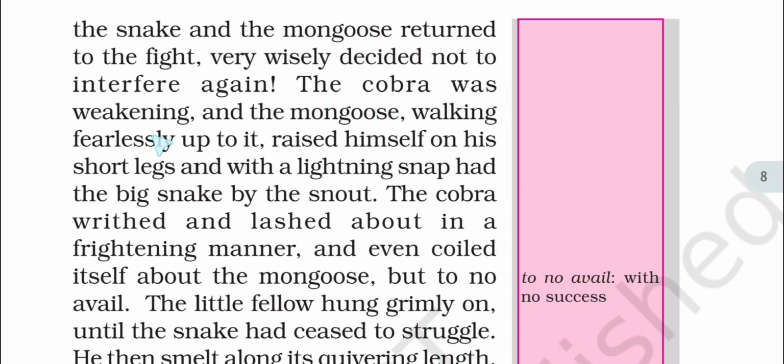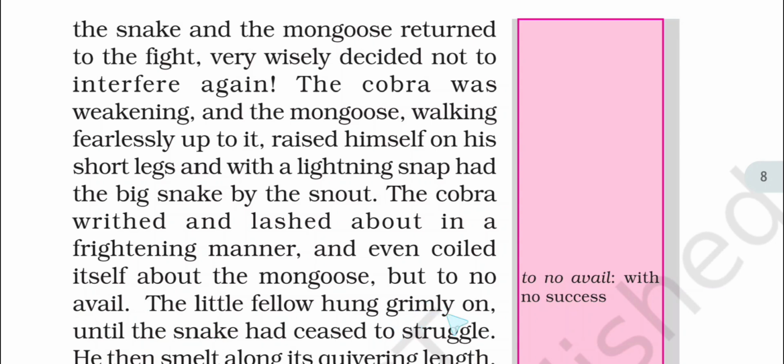The cobra was weakening, and the mongoose, walking fearlessly up to it, raised himself on his short legs, and with a lightning snap had the big snake by the snout. The cobra writhed and lashed about in a frightening manner, and even coiled itself about the mongoose, but to no avail.